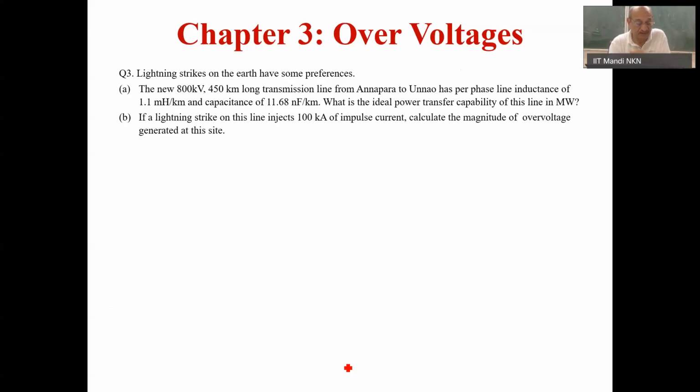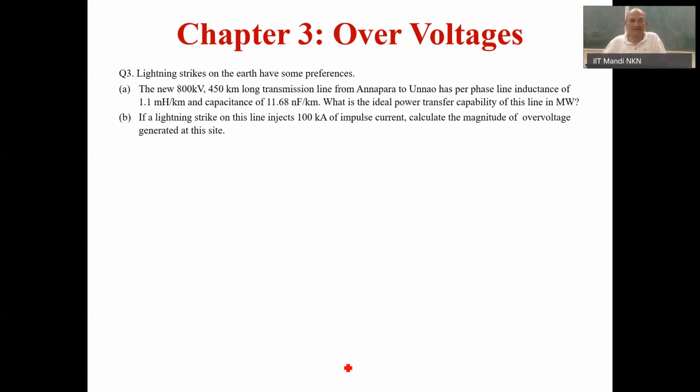In question B, if a lightning strike on this line injects 100 kiloamperes, which is a very large current and not that frequent. Lightning can inject a current of even 200 kiloamperes.